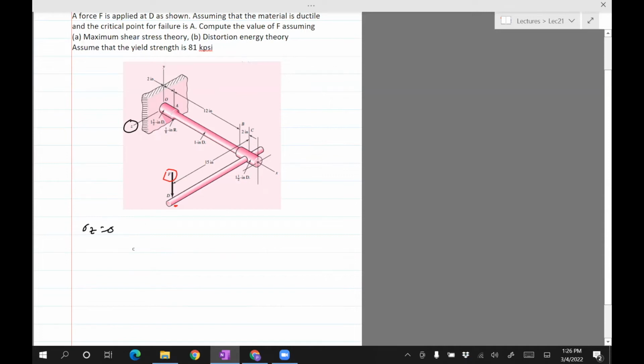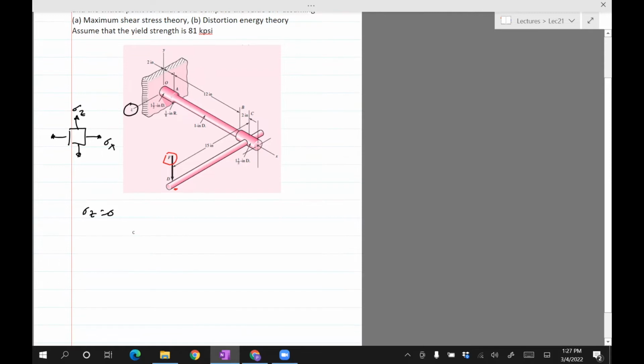Sigma z is 0. Sigma z is upwards. Because there's no moment, well, if there was a moment this way, then sigma z would not be equal to 0, because now you have a moment which torques it in the direction which causes the stress, which will be in the z direction. So right there, now we have to only compute tau zx.